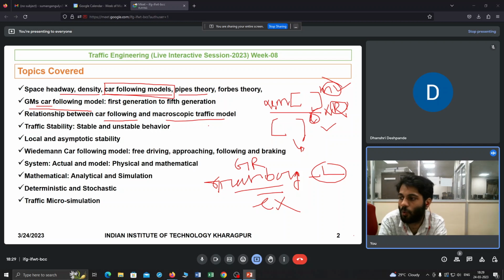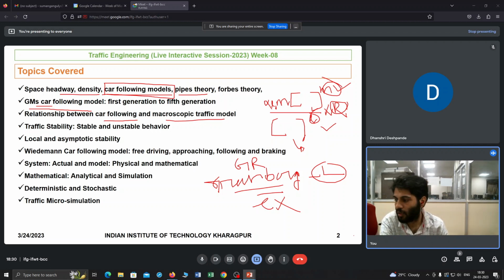We also have different sizes of vehicles, not only cars but also trucks, small trucks, and recently e-rickshaws. So the interaction is quite unique.